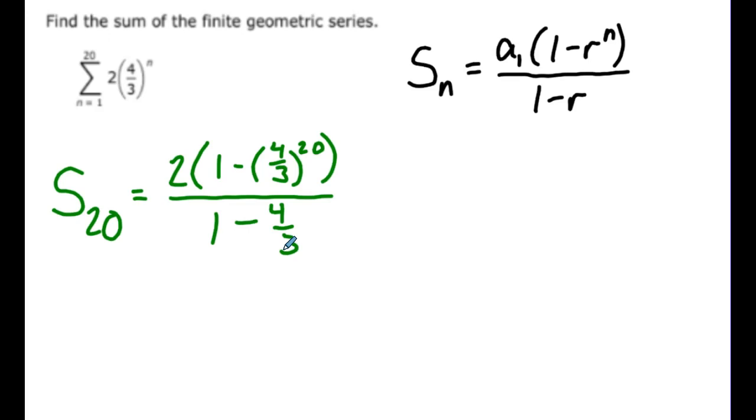Make sure you're using parentheses when necessary. And if you type this in, you will get approximately 1,886.02. So identify what your initial term is, what the common ratio is, how many terms there are, and then use the formula we're given to find the sum of a finite geometric series.